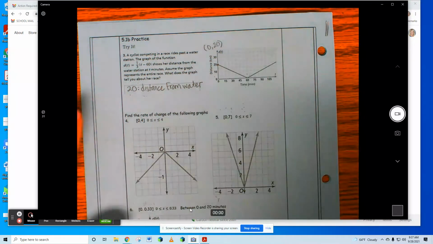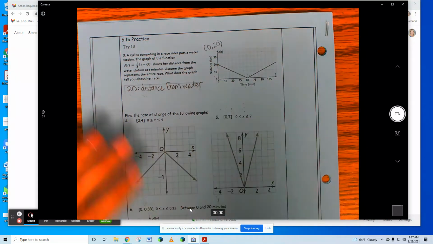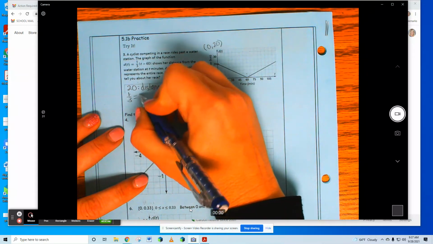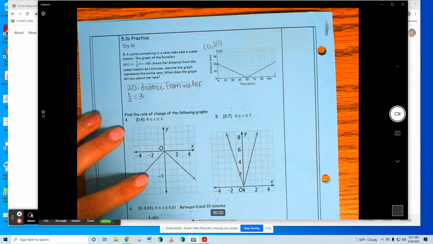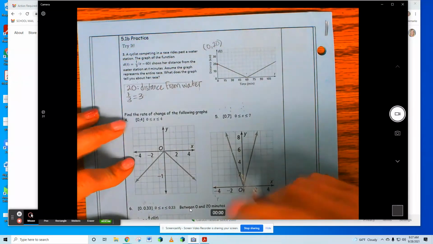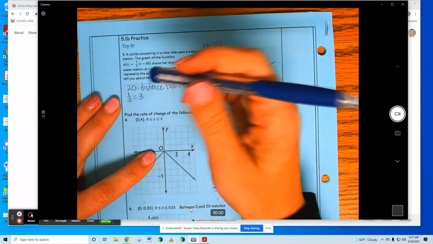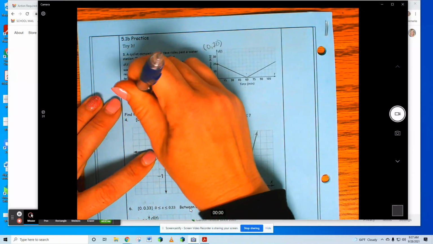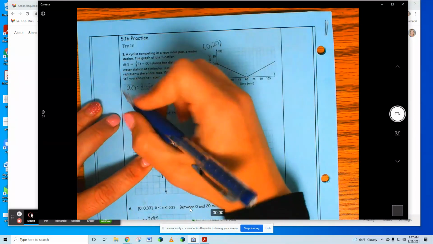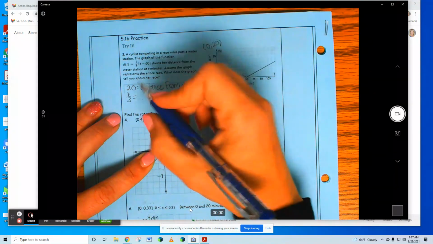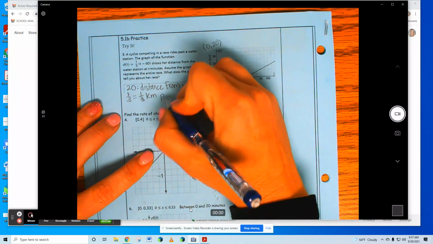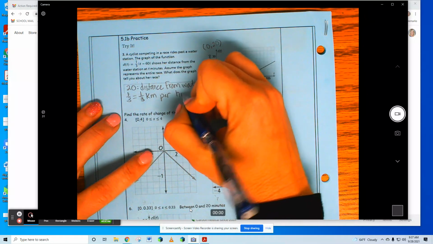Okay, what else? Her rate is 1/3. 1/3, by the way. Holy moly. 1/3. Oh, it's in kilometers. Oh my gosh. 1/3 a kilometer per hour.